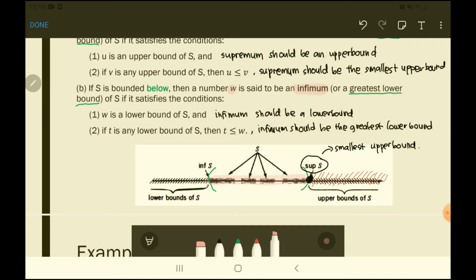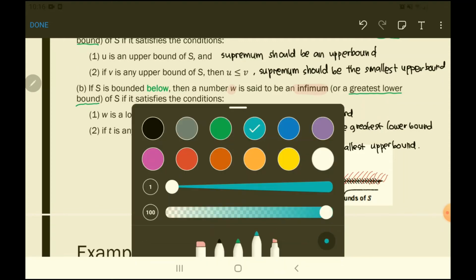Okay. So the formal writing is that T will be less than or equal to W. Visually, let's say I'm going to choose a different color, blue, for example.